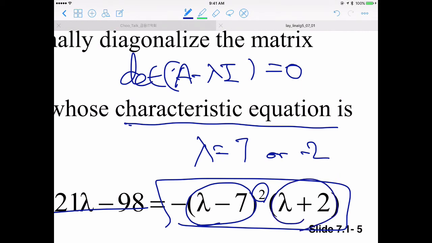For the second one, because its algebraic multiplicity is 1, we are guaranteed to have at least one basis vector that is an eigenvector for it.